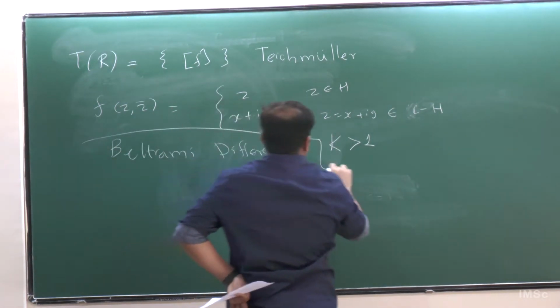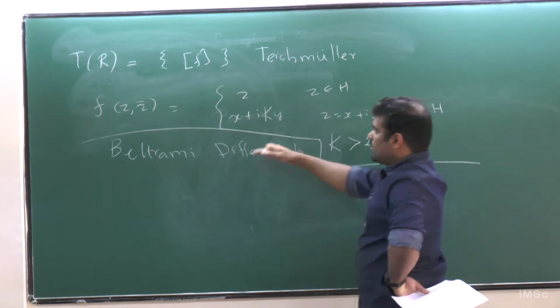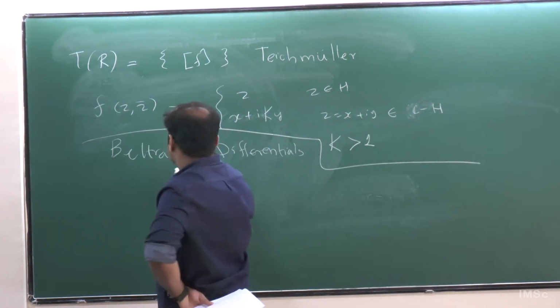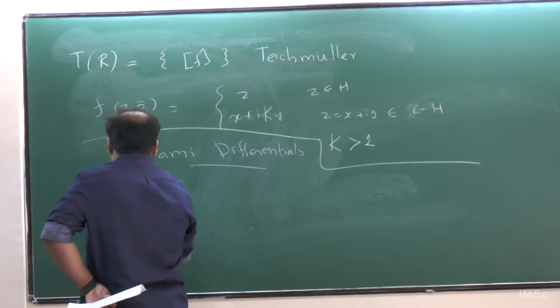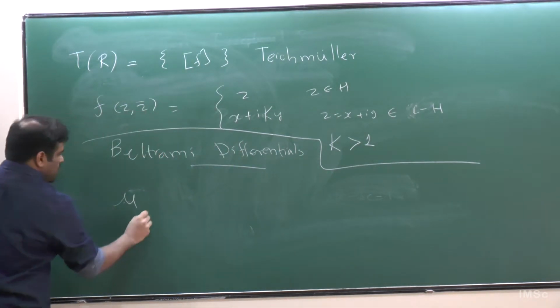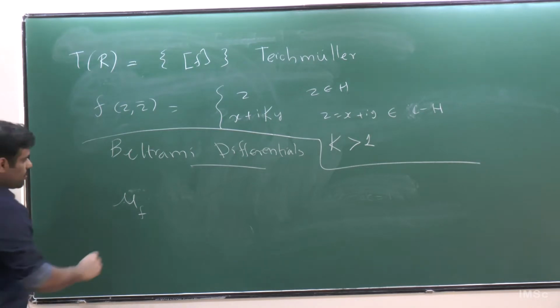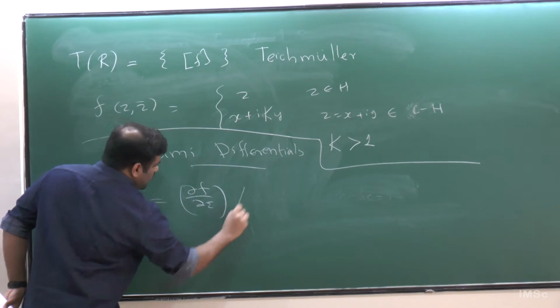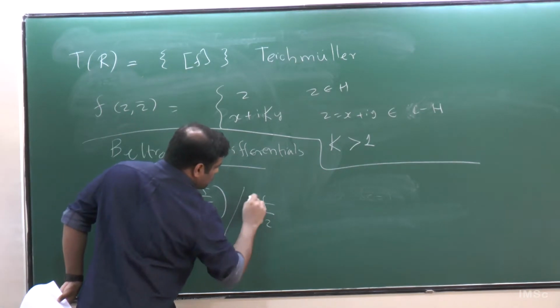In fact there is nothing more in the Beltrami differential. It has exactly equivalent information to what the quasi-conformal transformation f has. So you can define a Beltrami differential with respect to a quasi-conformal transformation, mu f, as del f by del c bar divided by del f by del c.